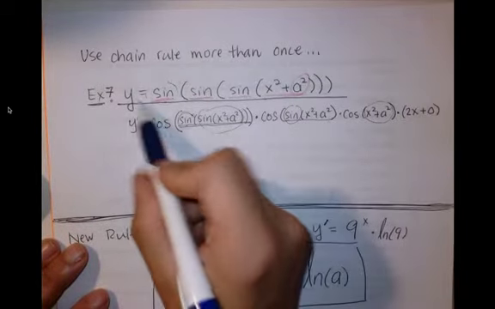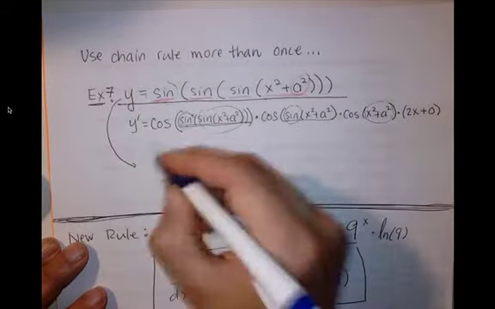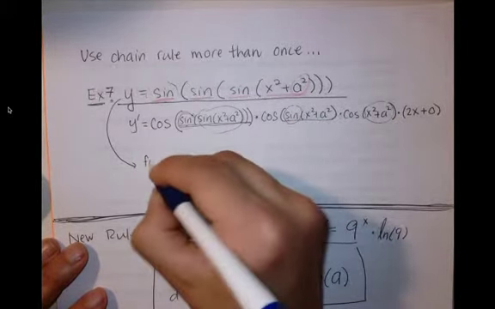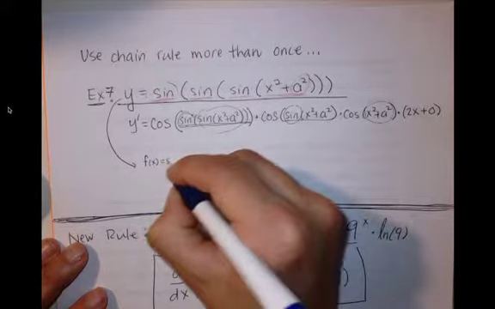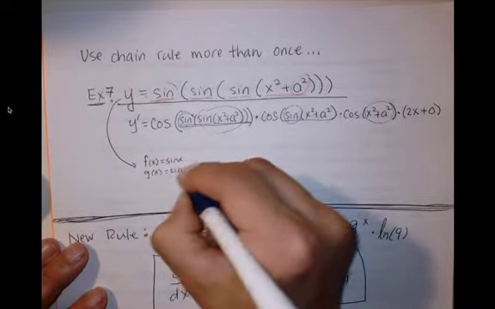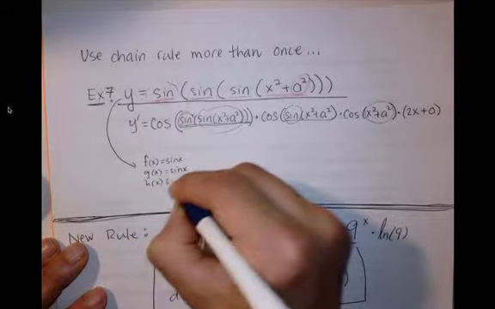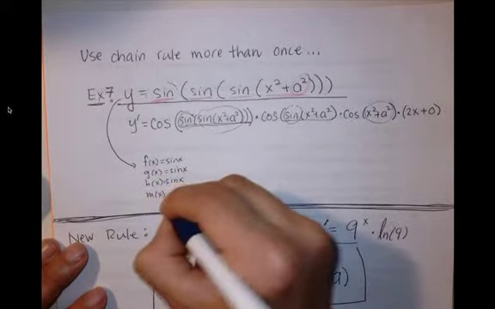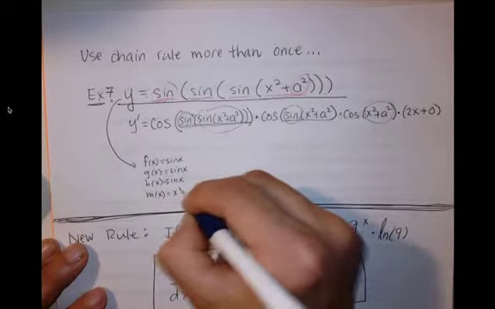Okay, so just to recap what happened here, my outermost function was sine x, the next function was also sine x, the next function was also sine x, and then maybe I'll call the other innermost function x squared plus a squared.